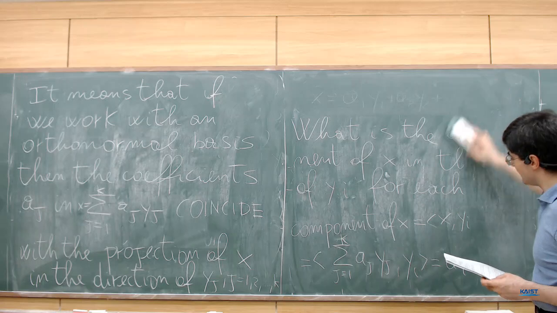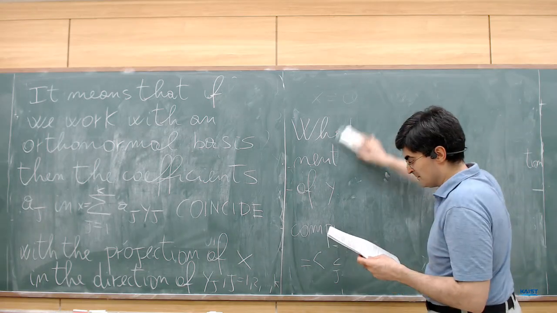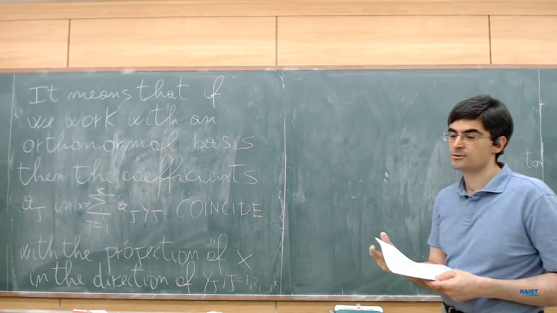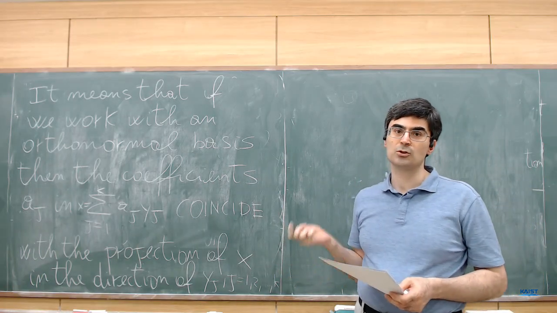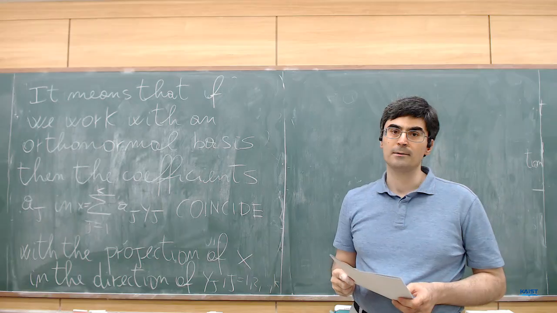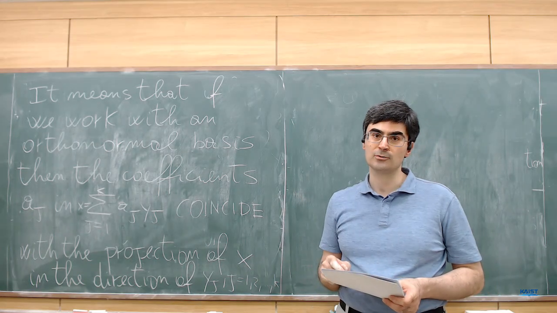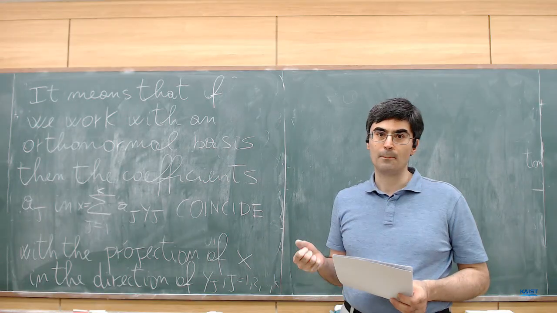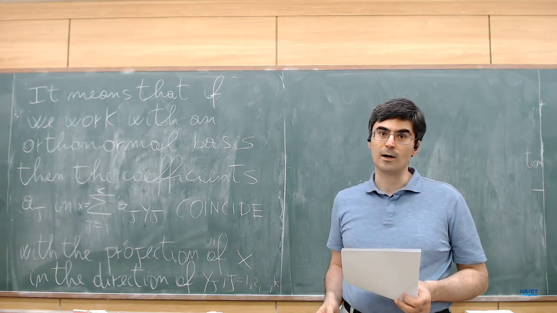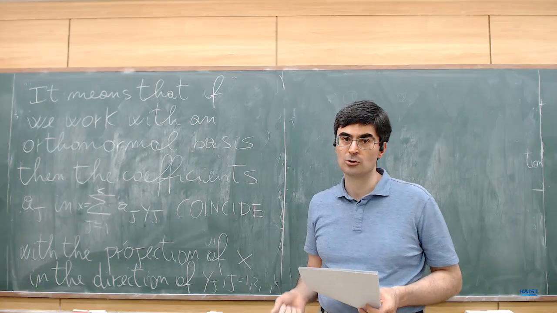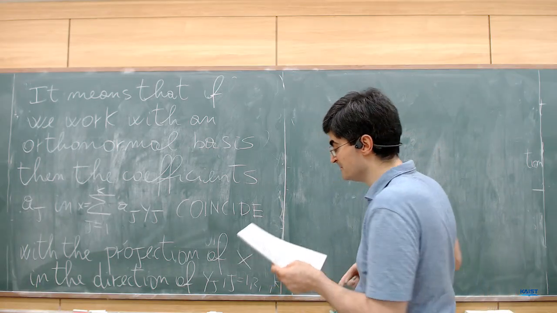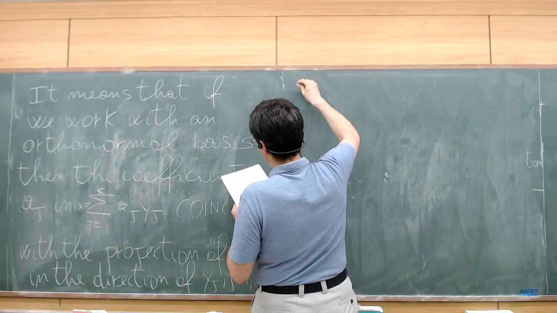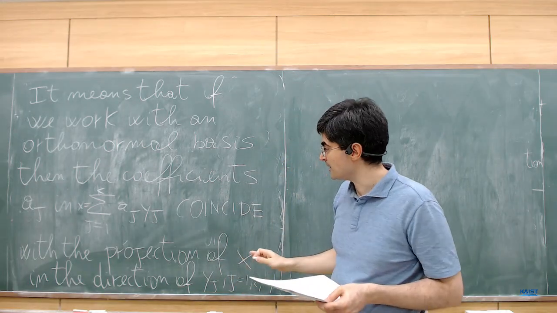The next result I will present is the generalization of the proposition we saw before, the one about the decomposition of a vector into two parts. The first one is a vector parallel to a given vector y, the second is a vector which is orthogonal to a given vector y. And in this case, we can decompose a vector x into two parts.